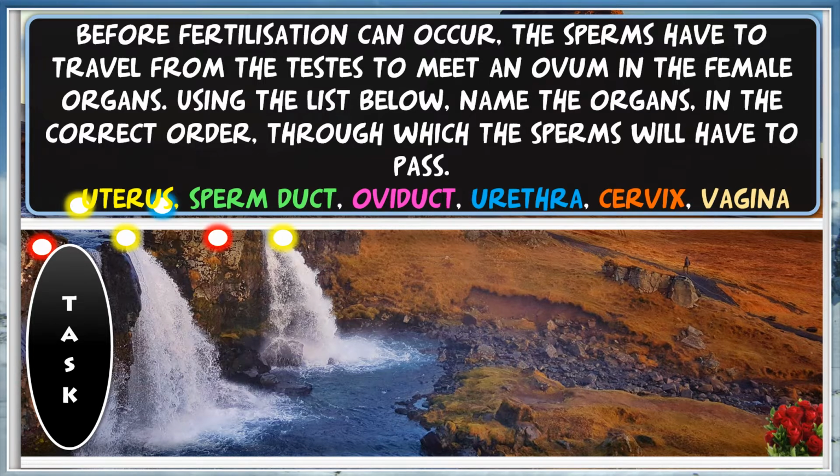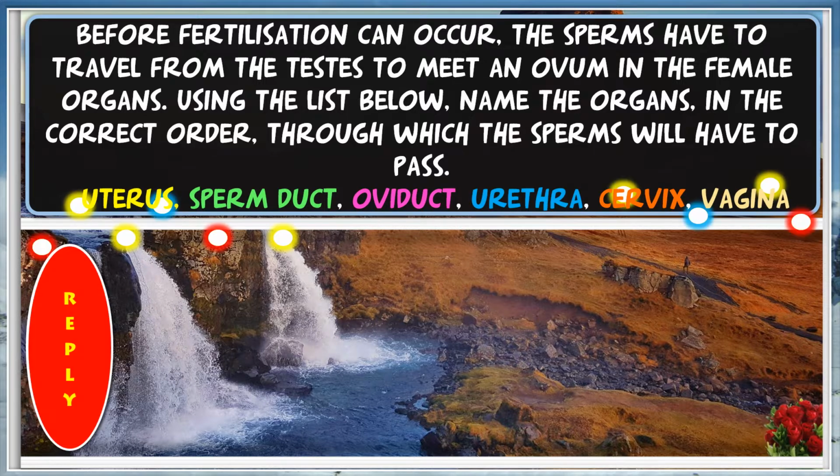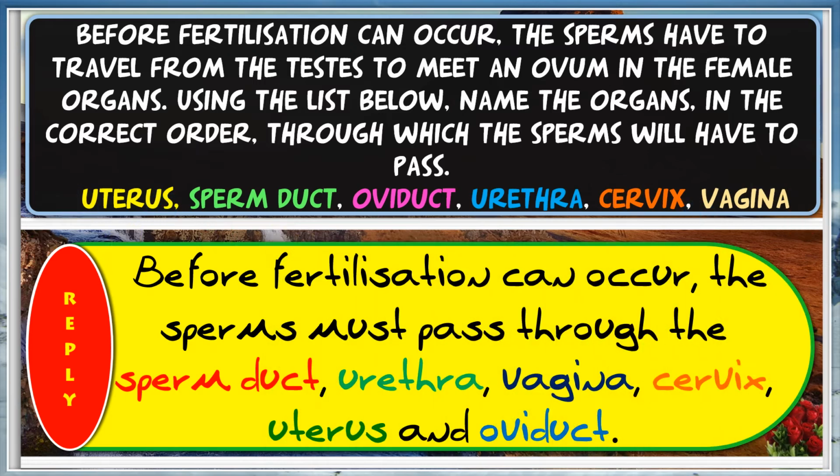The list includes uterus, sperm duct, oviduct, urethra, cervix, vagina. Before fertilization occurs, the sperms must pass through the sperm duct, urethra, vagina, cervix, uterus, and oviduct.